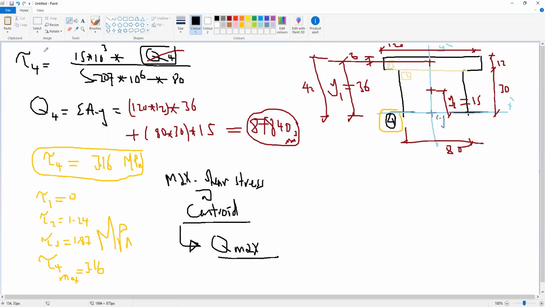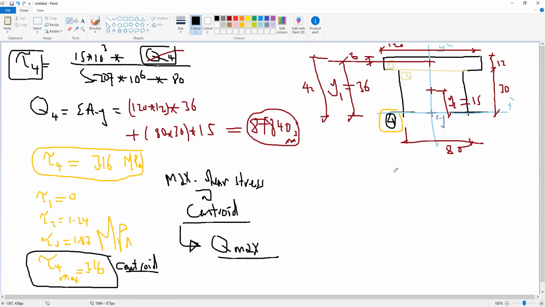Q is controlling tau, so if we have Q max, this gives us tau max. So for another problem, if you are asked to find the maximum shear stress, we don't have to calculate at 1 and 2 and 3 and 4. We will only calculate at 4 because section 4 is at the centroid and will give us the maximum shear stress. Okay.